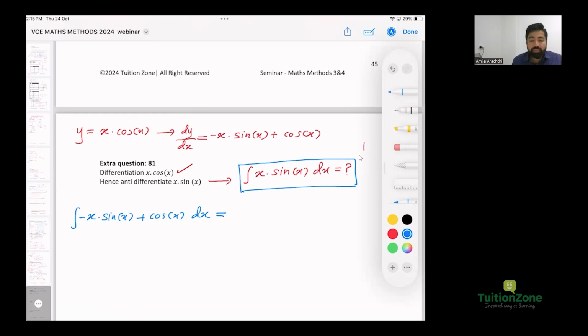Brian, should be equal to x cos x. Exactly, perfect. So x cos x then plus c. Then have a look at what they're asking and what we have. Is that the same as that one?